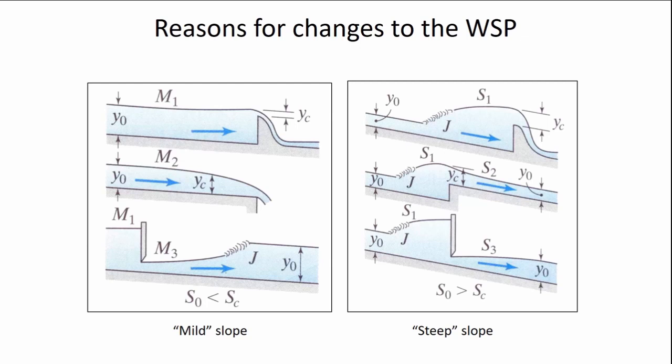These are in the book, pictures like this, and so if you have a problem where you're asked to draw, I think you do have a homework where you're asked to draw, like after a gate, what would the profiles look like? Then it can give you an idea of the typical shapes of the water surface.